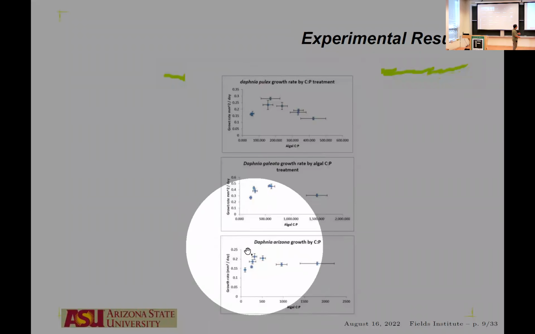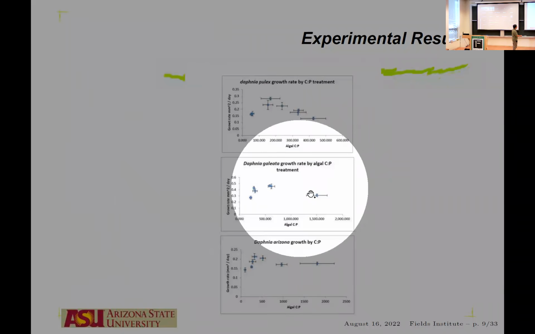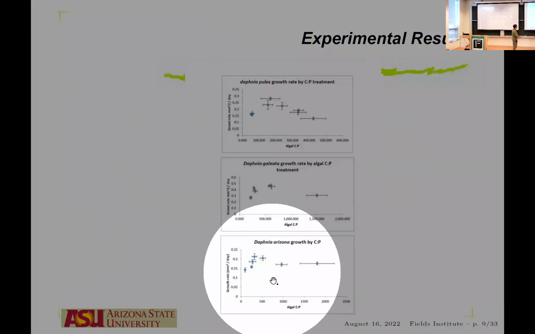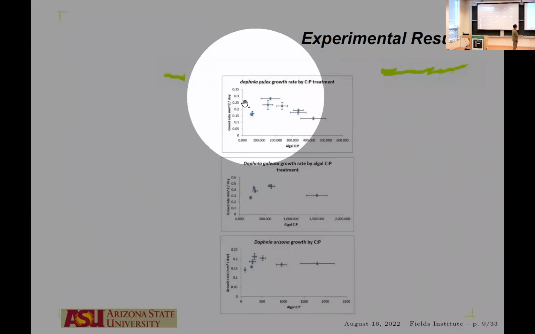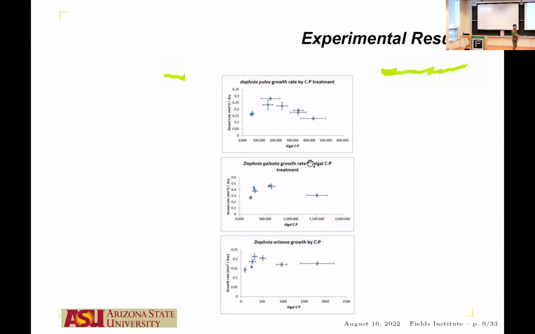You can see the growth rate is not simply decreasing like this. There's always a hump. The growth rate for each species has an optimum ratio, because, as I said, the host cell composition has a fixed stoichiometry.